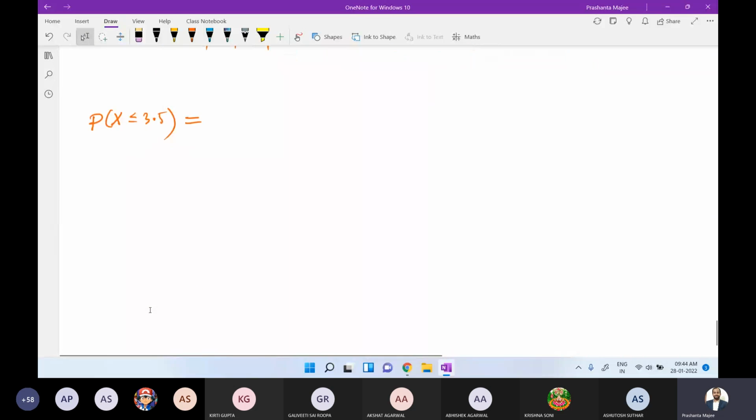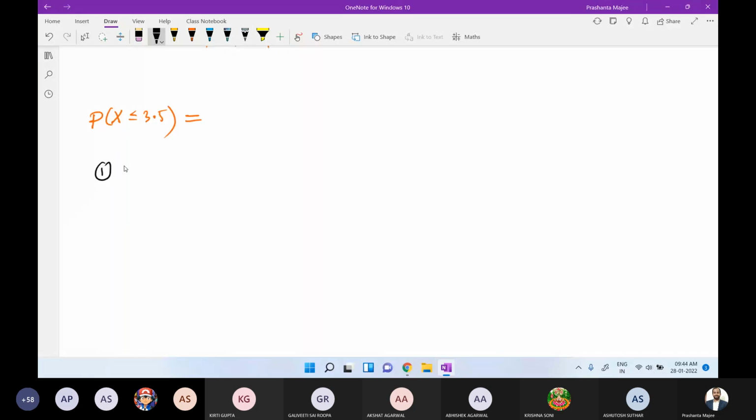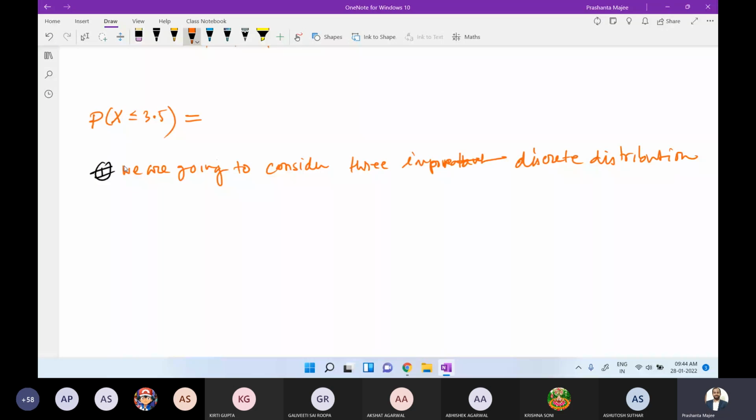So in the discrete case, we are going to consider three important discrete distributions. One will be the discrete uniform distribution.